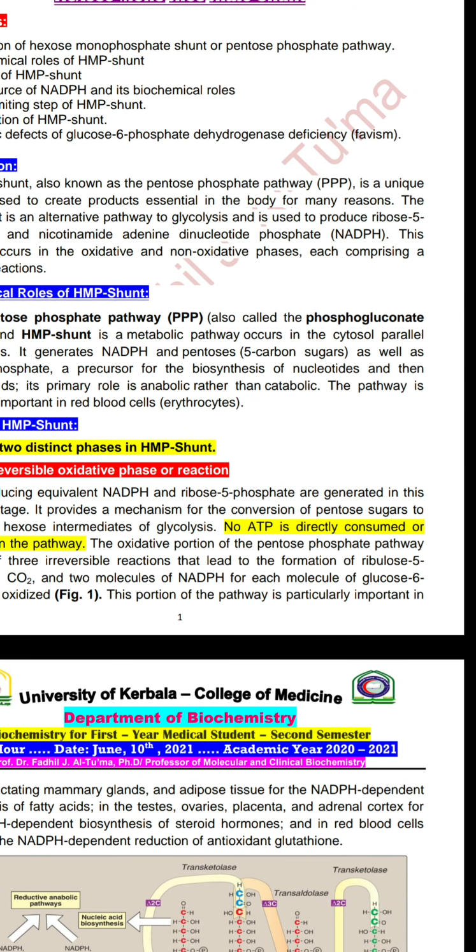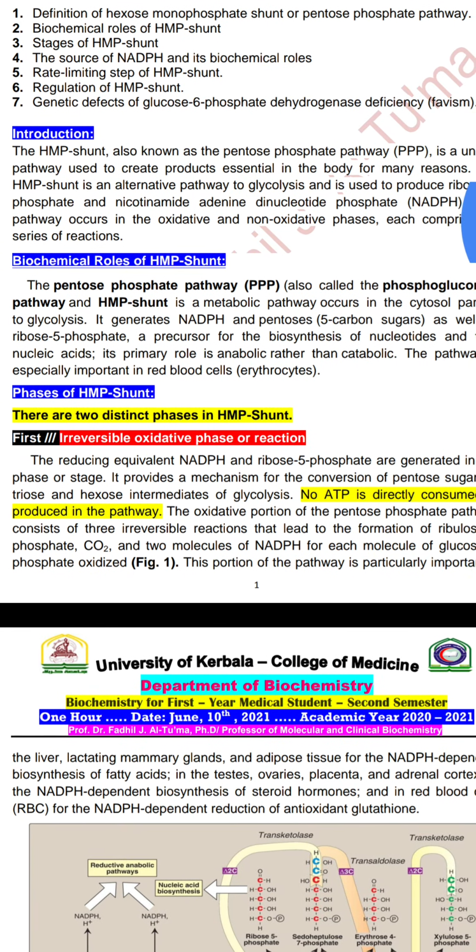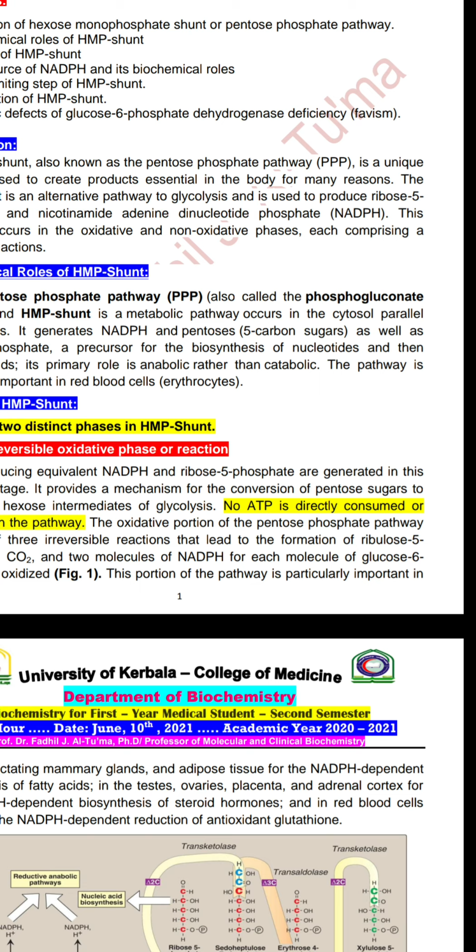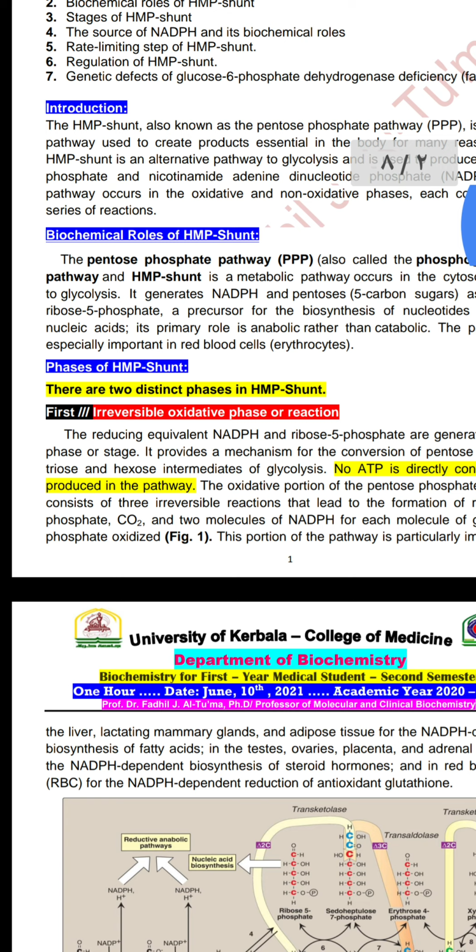Purine and pyrimidine bases, as you know, are very important for biosynthesis of nucleic acid. The hexose monophosphate shunt is very important also in red blood cells, or erythrocytes.